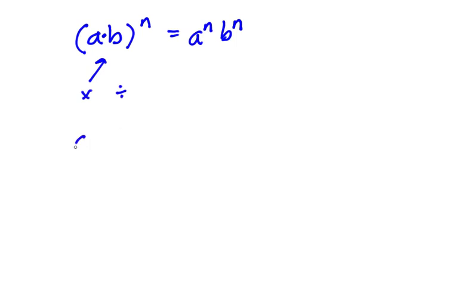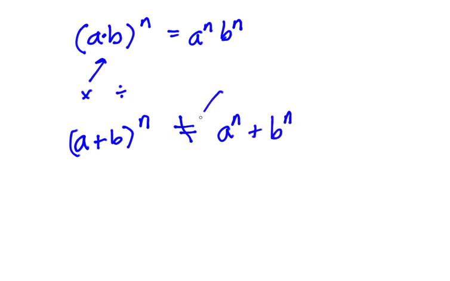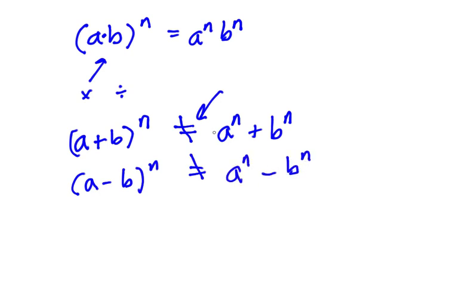In other words, a plus b, so now I'm adding, to the power of n, is not equal to a power n plus b power n. Very important. This is not equal. And likewise, subtraction is not equal to a power n minus b power n. Very important to remember. Inside must be multiplying or dividing to get this result.